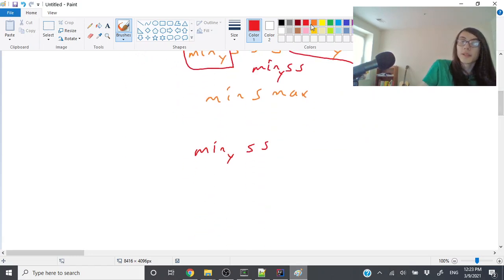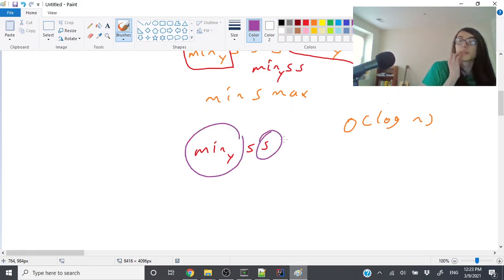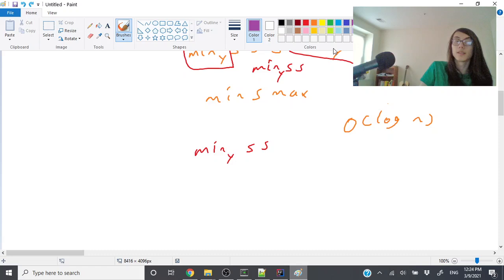And the minimum is something we can compute in O of log n. I'll get to that in a second. So really, this is something we can binary search on. We can binary search on the optimal value of y, the largest y such that this still holds.